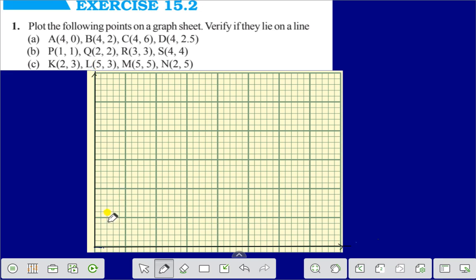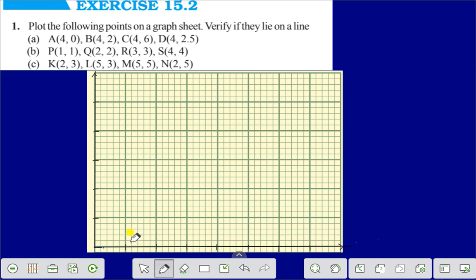we take the points 1, 2, 3, 4, and 1, 2, 3, 4, 5, 6 on the y-axis. And let us take another, the x-axis: 1, 2, 3, 4, 5, 6, 7, right?